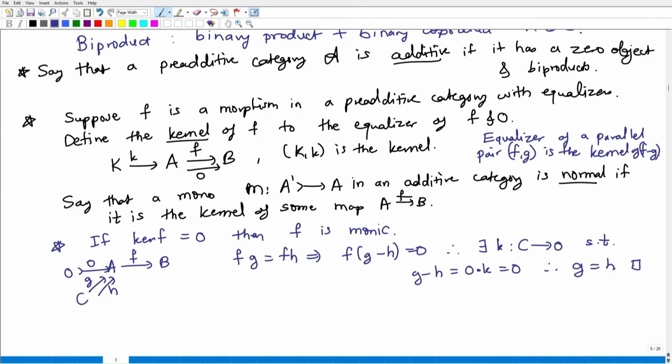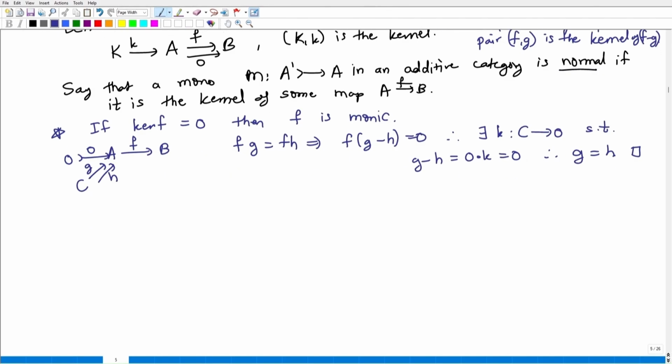So kernels are obviously monic. You can define cokernels dually and prove the same properties. Okay, now comes another interesting result.